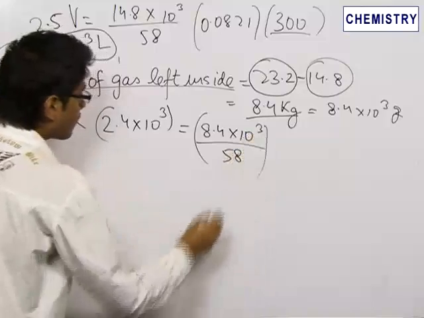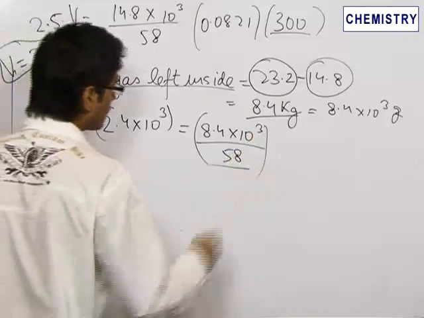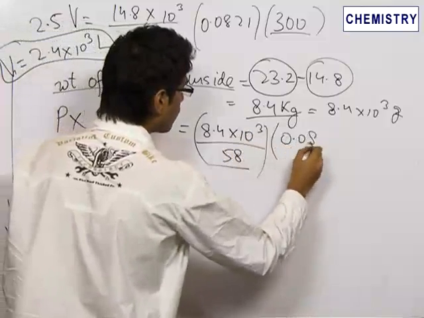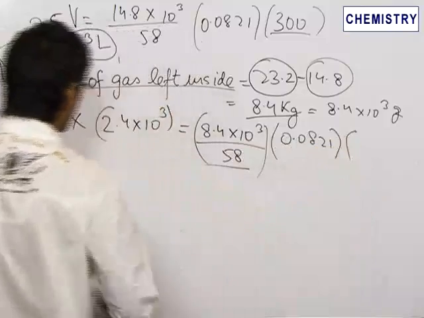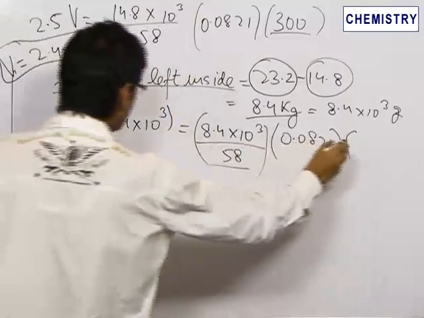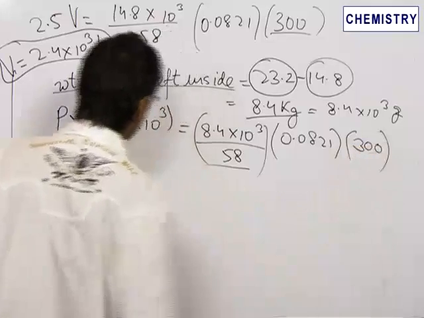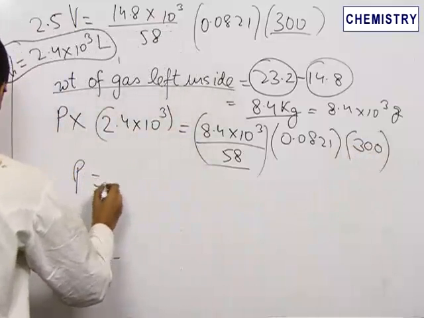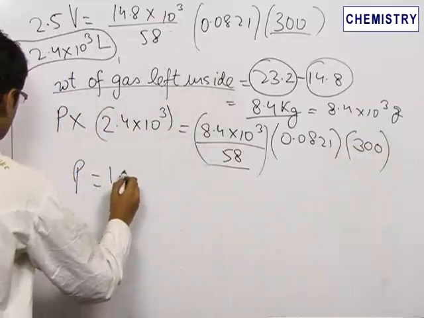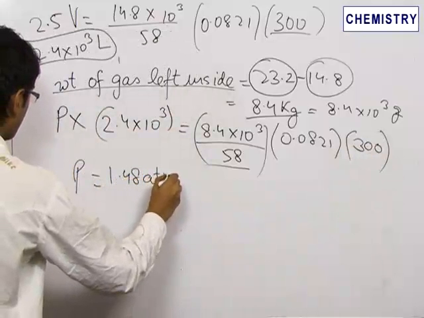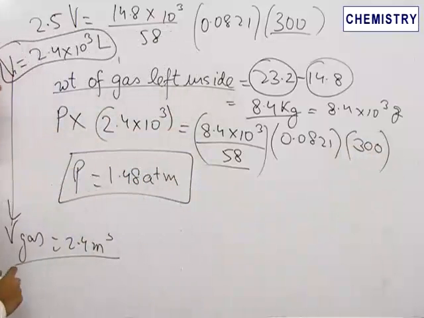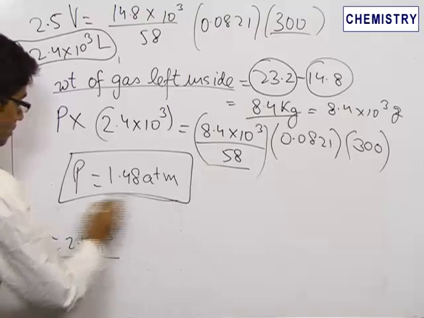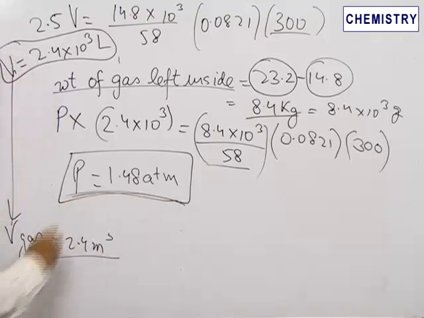So dividing it by 58, which is the molar mass, we get the number of moles, into 0.0821 into the final temperature, which is again equal to 300, because the temperature inside the cylinder will remain constant. On solving this equation, we get pressure equals 1.48 atmosphere. So we get the answer for the second part first, which is the final pressure of the gas inside the cylinder, equal to 1.48 atmospheres.